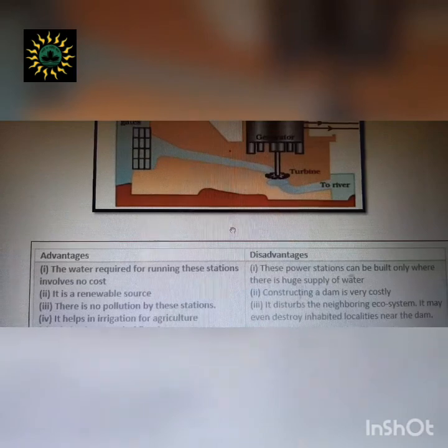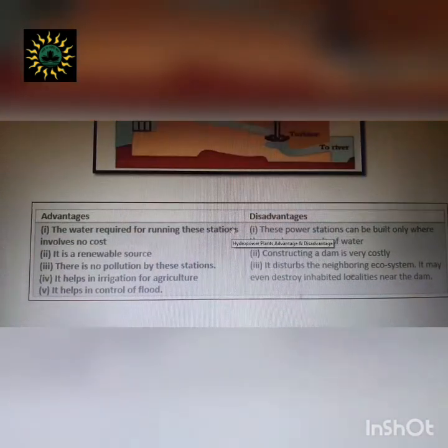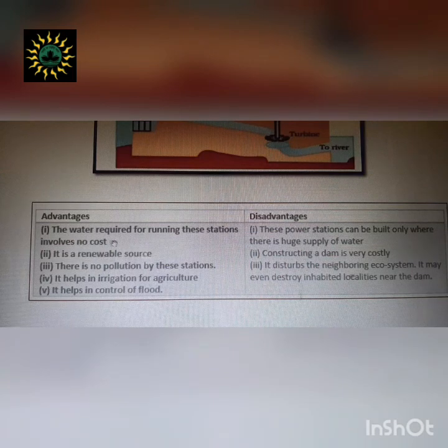Now there are some advantages and disadvantages of this. The advantages are that the water required for running these stations involves no cost, because it comes from the rain. It's a natural phenomenon, so we don't have to spend a lot of money, because water comes naturally, and it's a renewable source.